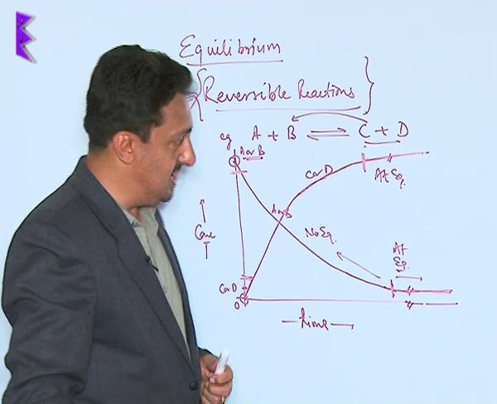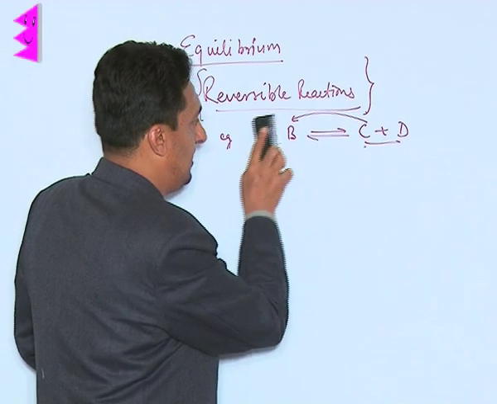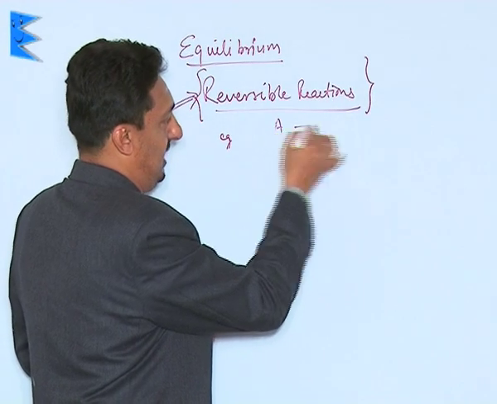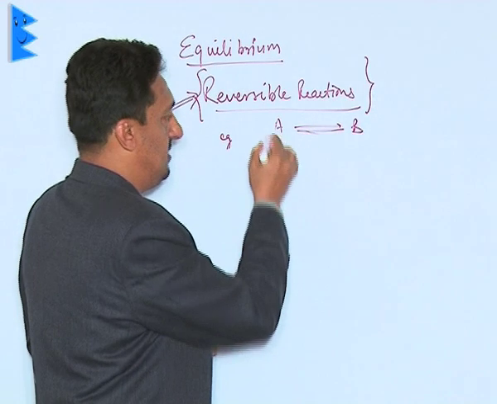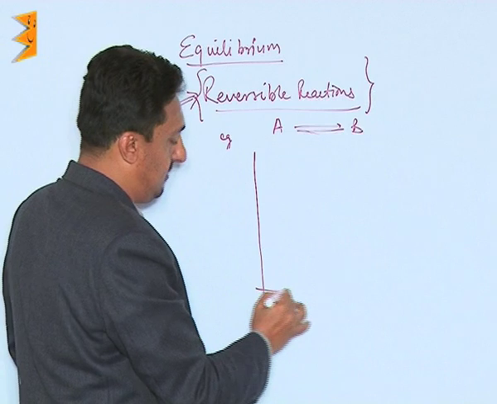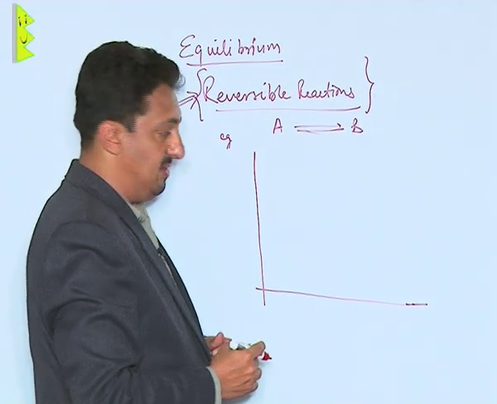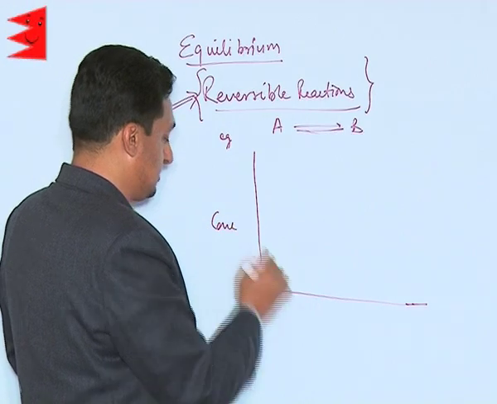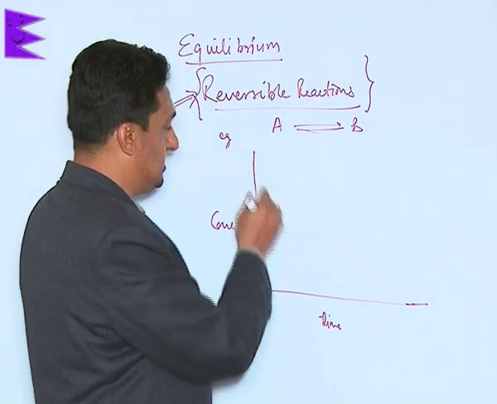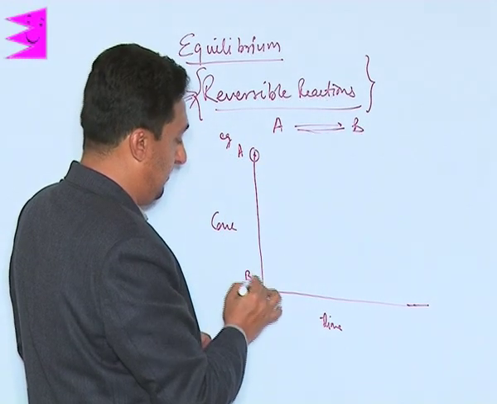We can also represent the same type of graph with a much simpler example. Suppose A is changing into B, and they are both at equilibrium. How can we represent this state of equilibrium between A and B in the form of a graph? Concentration and time are taken as the coordinates. Initially we had only A, and initially B was 0.